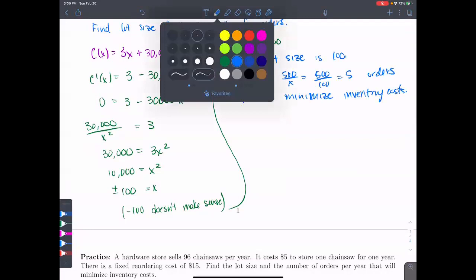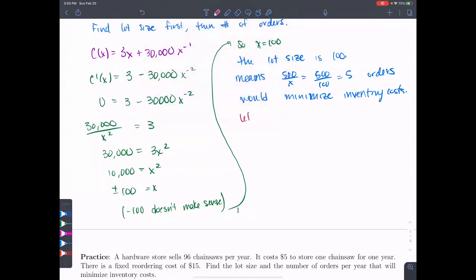And let's check that just to make sure. So I'm going to do the second derivative test. So C double prime of x would be positive 60,000 x to the negative 3.